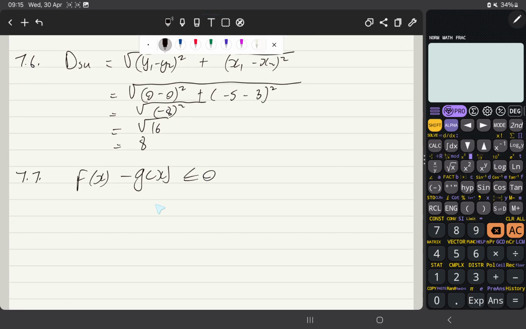So technically they're just saying find the values of x where f of x is smaller than or equal to g of x. In this case, g of x has the greatest y value, because f of x has the smallest y value.